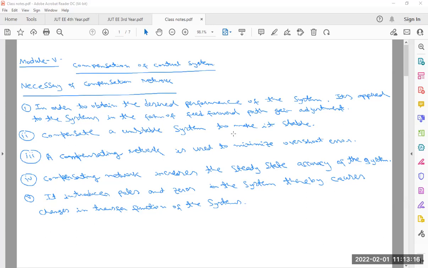After that, we also connect one compensation network circuit in this control system. So this is basically the necessity of the compensation network we have discussed previously.